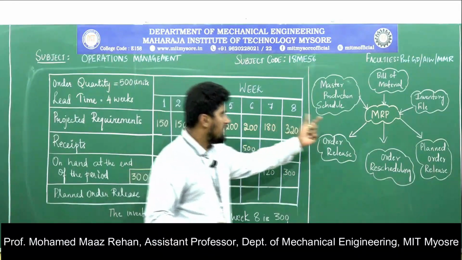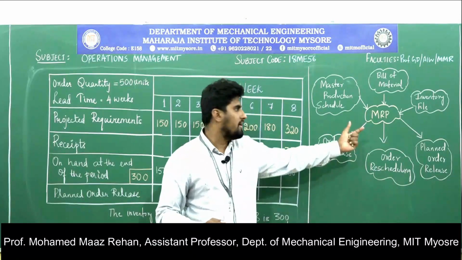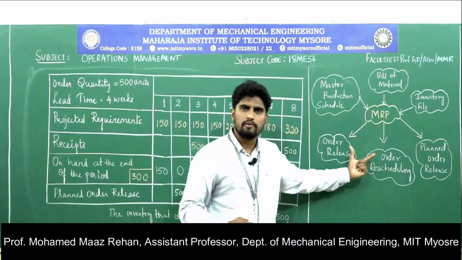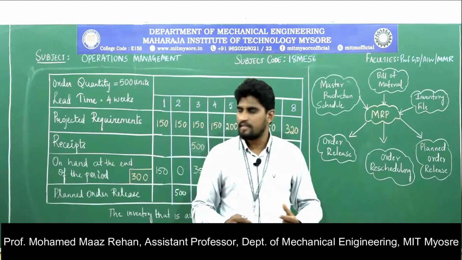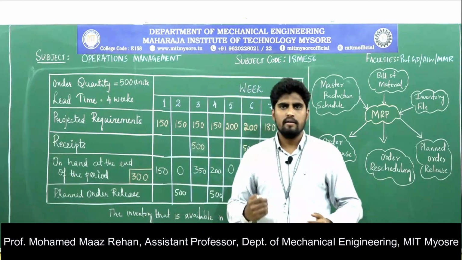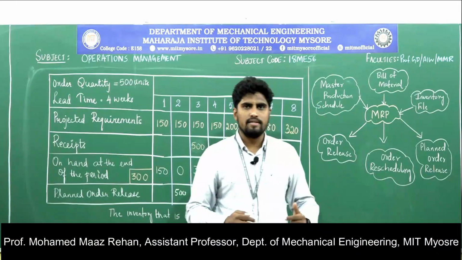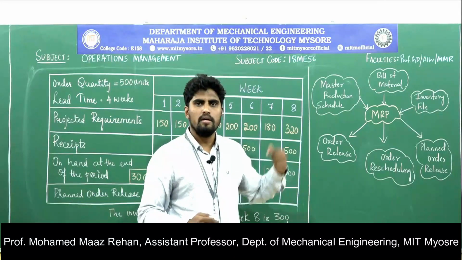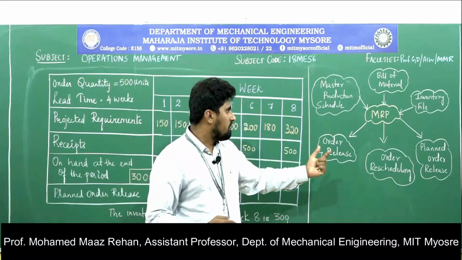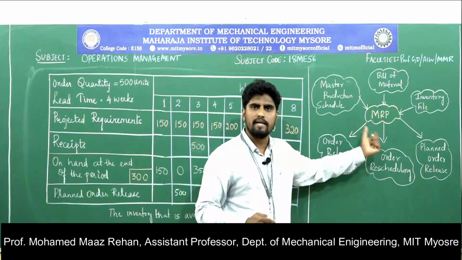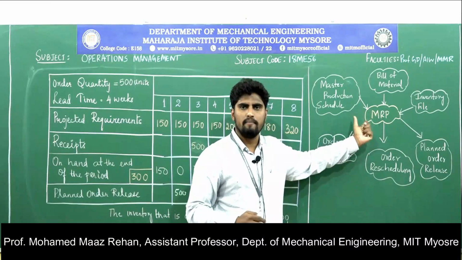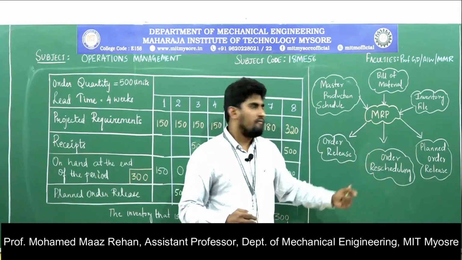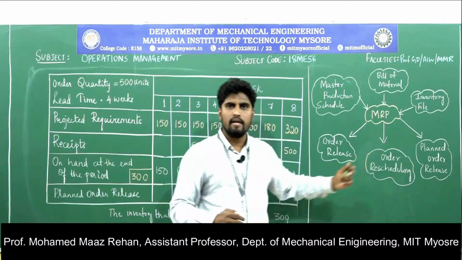I hope the inputs to MRP and the outputs of MRP are clear enough, and in the coming lectures we shall discuss MRP2. Here we are concerned only with the material part, material requirement planning. For this, other departments come into the picture, such as the sales department, finance department, marketing department, advertisement department, and the design department. Various departments are somehow interrelated to material requirement planning.